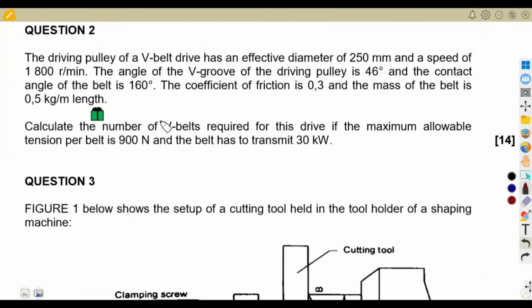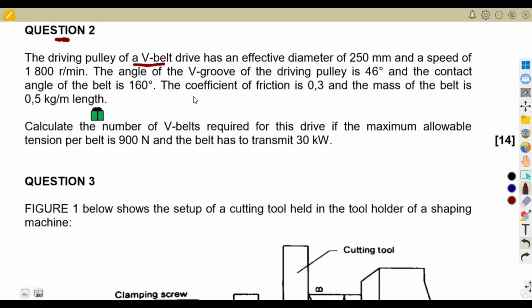All right, then we move on to this part whereby we are working with our belt. We are given the driving pulley of a V belt. The major reason I took this question paper was because of the error in answering this question. This is a V belt that we are working with.